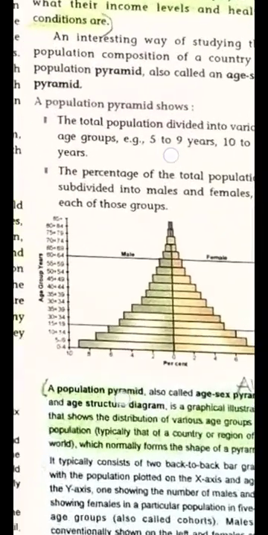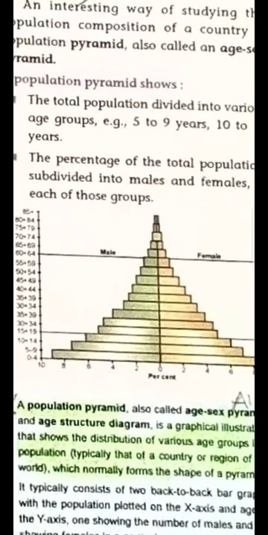Now let us study the population pyramid of, it seems to be, some underdeveloped country. The base is very broad, that means a large number of births are taking place, and the working group, that is the adults who are working for the nation, the economically active people, are comparatively fewer.